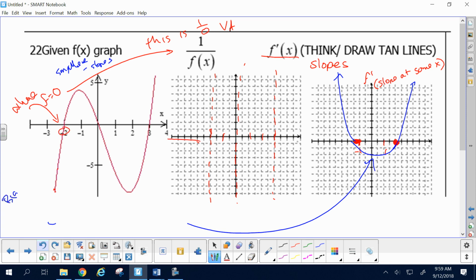As this gets small, what's 1 over a small number? A big number. So as this gets small, negatively, this gets large. Small positives here would have reciprocals that are big positives on both sides. And then it would come in and max out.